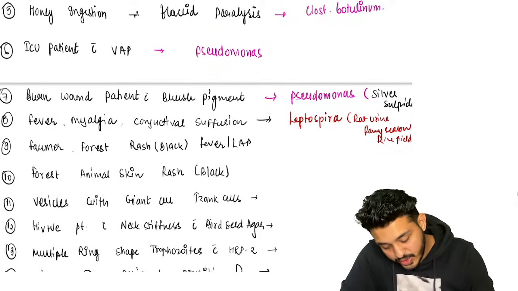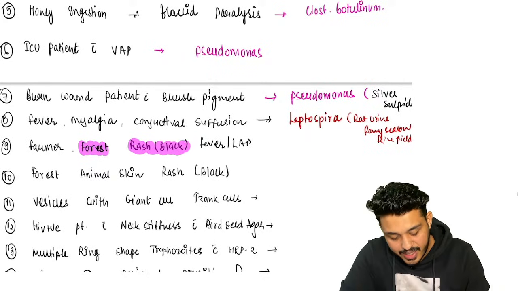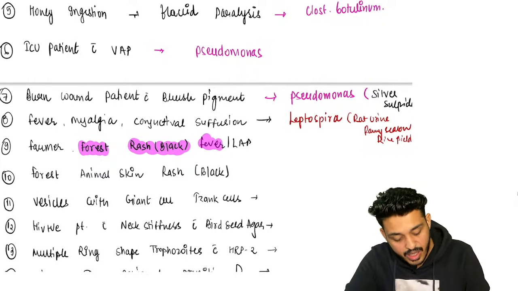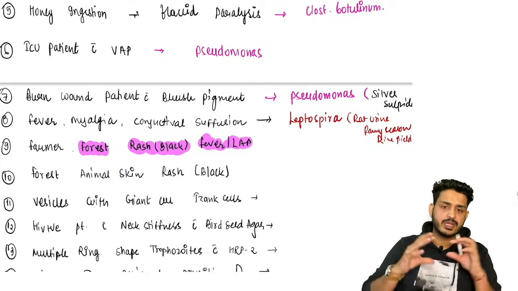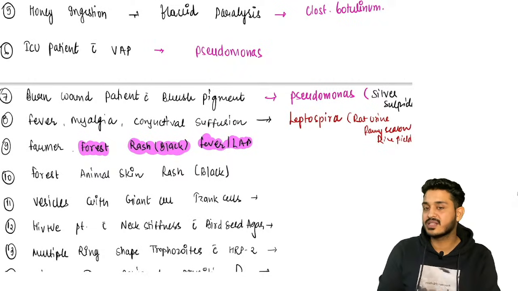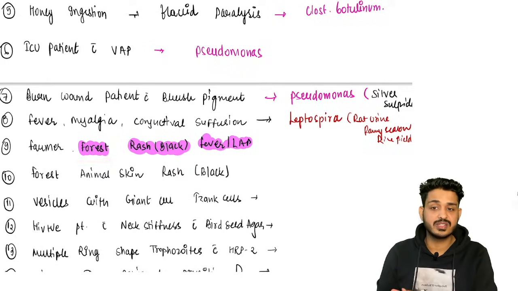Another farmer going to the forest, last exam question, coming with a black color rash along with the fever and lymphadenopathy, they will write you a big question. The simple keywords you have to identify: a farmer or another person is going to the forest, and this person is going to have what?